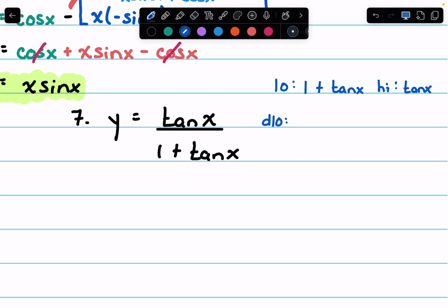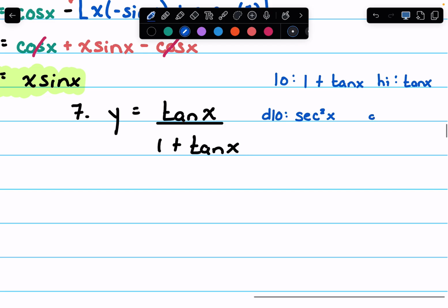So the derivative of low is just secant squared, because that's the derivative of tangent, right? And the derivative of 1 is 0. And then the derivative of tangent again is secant squared. So you see that both derivatives are the same, which makes sense, right? Because you have 1 plus tangent x.